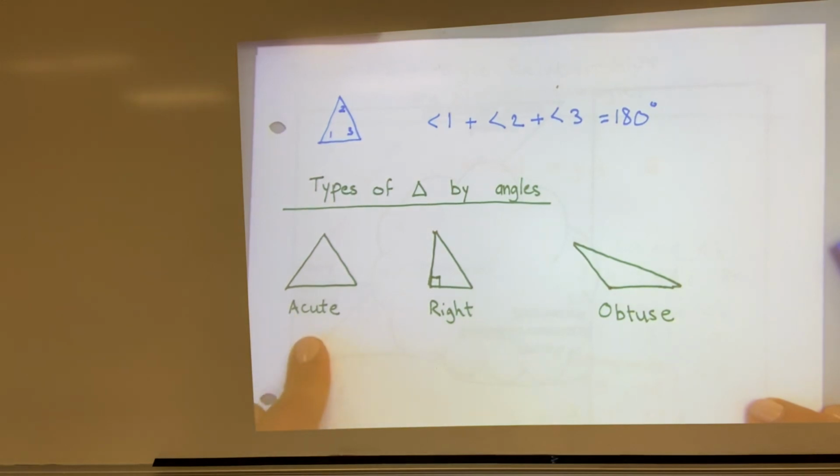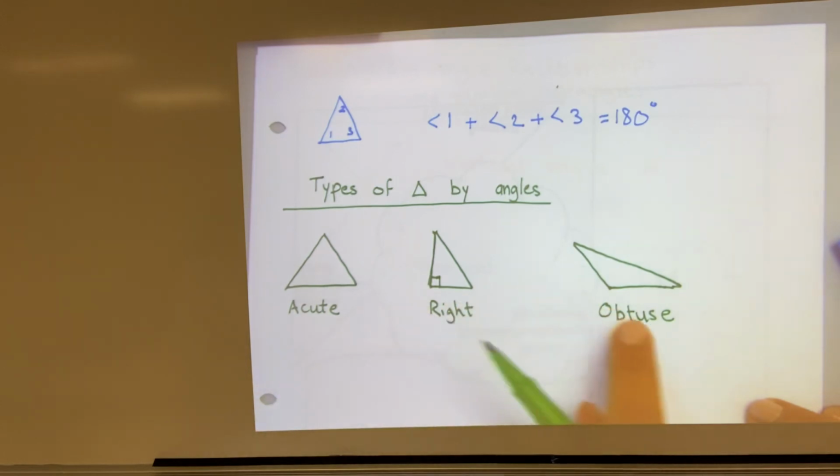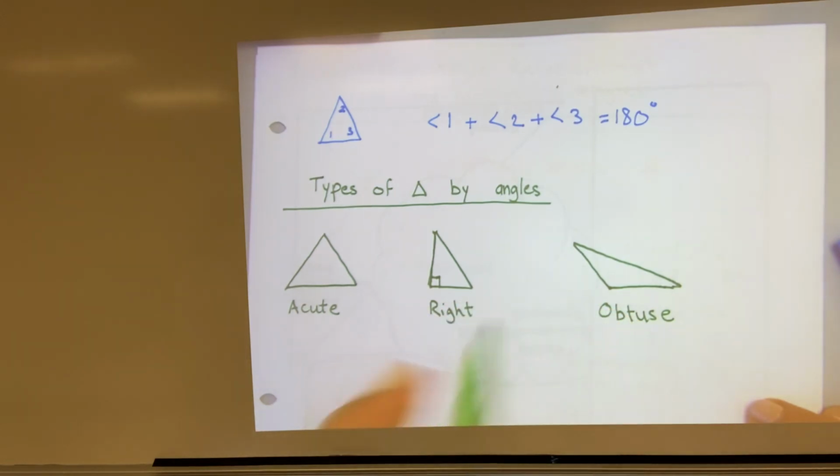So here all angles are acute, less than 90. Here in the right triangle I have one angle that is right, or 90 degrees. And in this type of triangle I have one angle that is greater than 90 degrees.